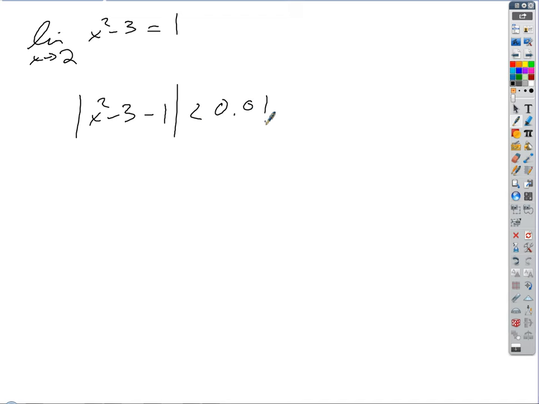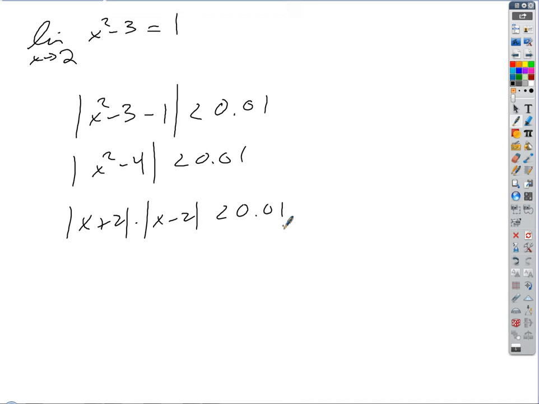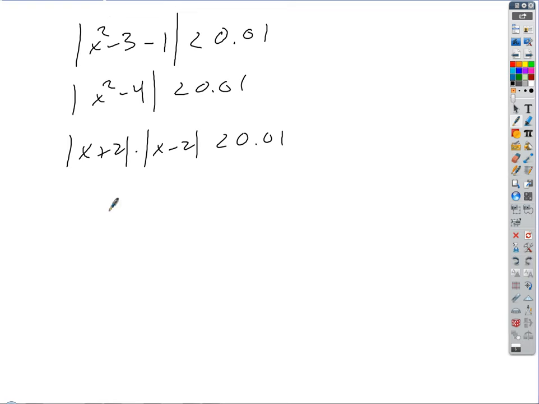Okay, so that's like saying the absolute value of x squared minus 4 is less than 0.01, which is like saying the absolute value of x plus 2 times the absolute value of x minus 2 is less than 0.01. So we end up with the absolute value of x minus 2 is less than 0.01 over the absolute value of x plus 2.